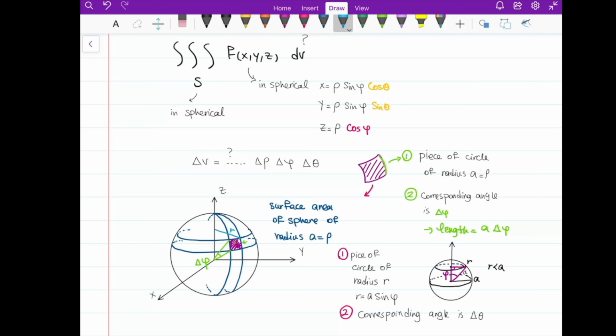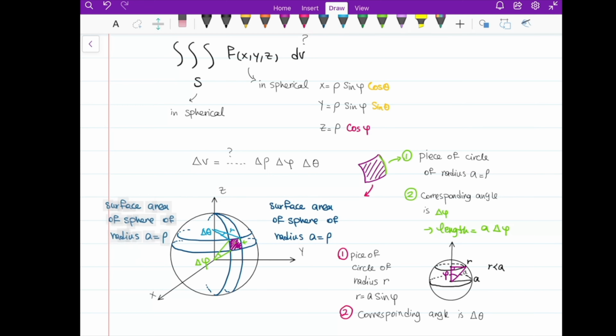Why? It's just because this side of my piece would be the distance between these two circles. One is like that, the other one is like this, which is basically delta theta, right?